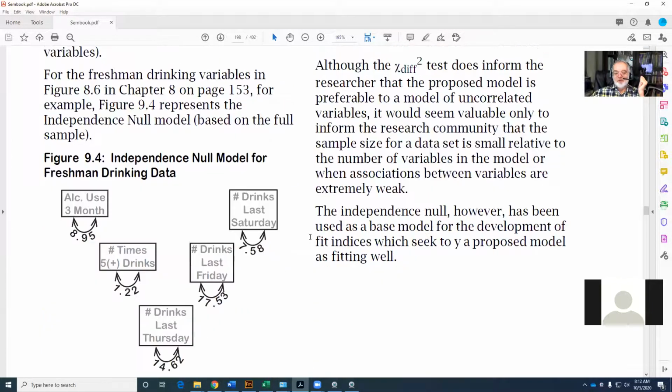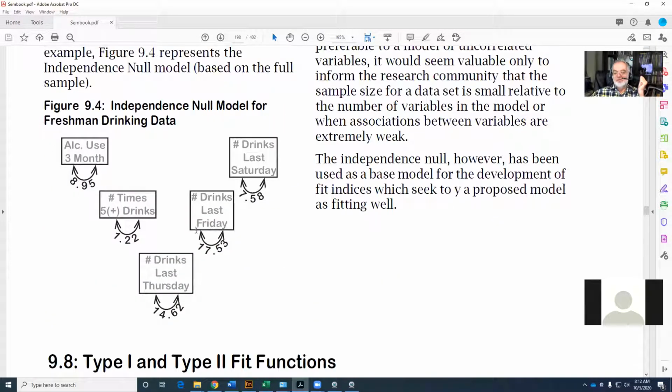In terms of a path diagram, this is what it looks like. I'm saying once upon a time, there were 5 variables. They all had freely estimated variances and no covariances. And so when you're looking at a printout and you see the chi-square for the independence model, this is what the computer program is doing.